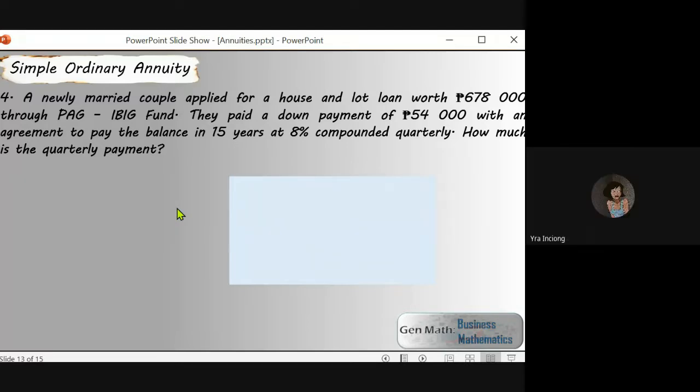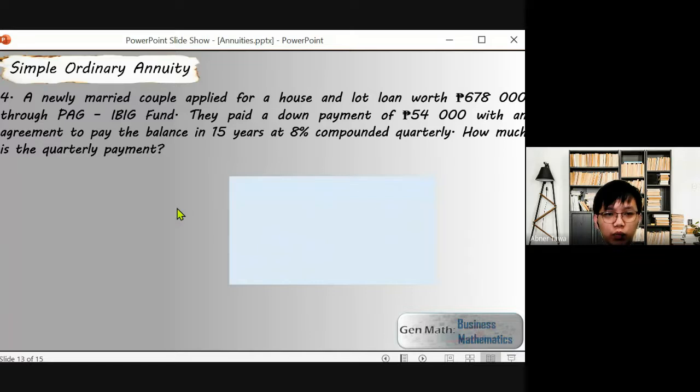Through Pag-ibig Fund, they paid the down payment of 54,000 with an agreement to pay the balance in 15 years at 8% compounded quarterly. How much is the quarterly payment?